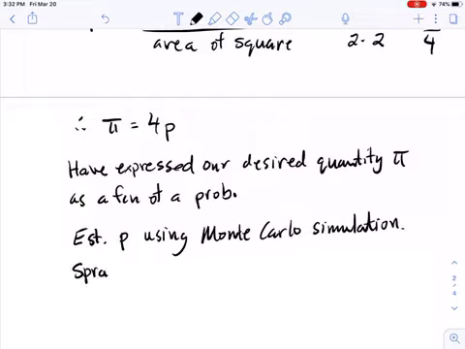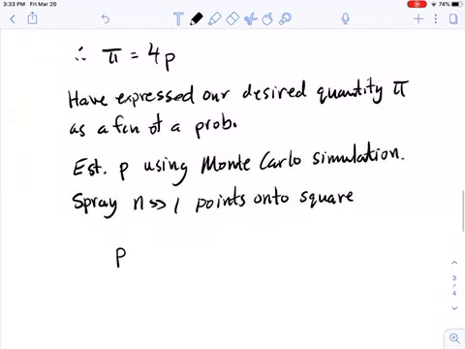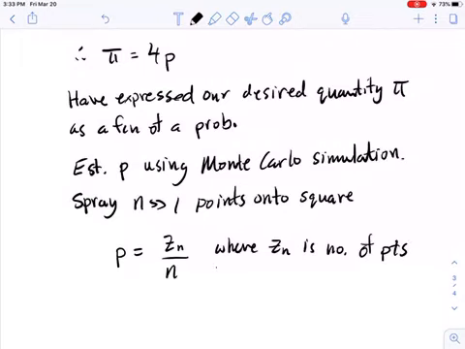So we spray n, where n's a really big number, points onto the square, and the probability that we want is equal to the number of hits, which I'm going to call Zn, divided by the number of points that we spray, where Zn is the number of points landing within the circle.